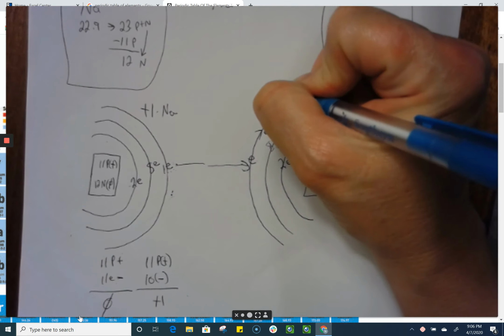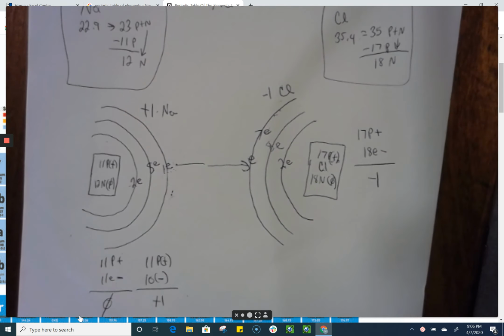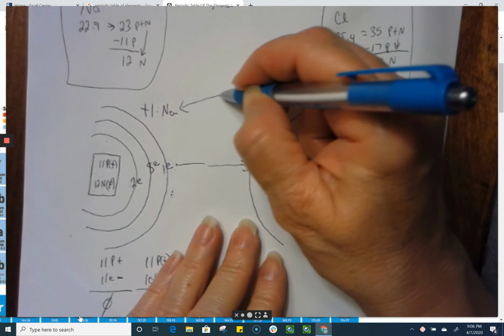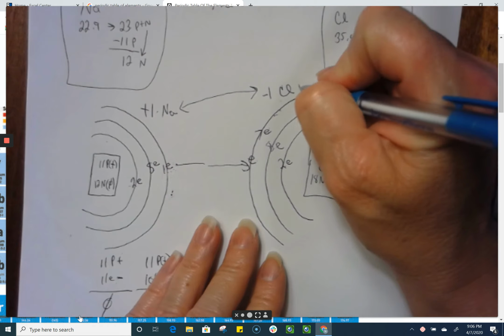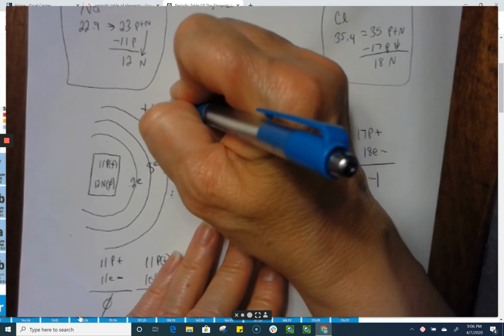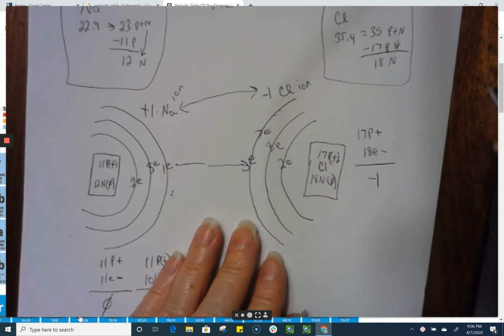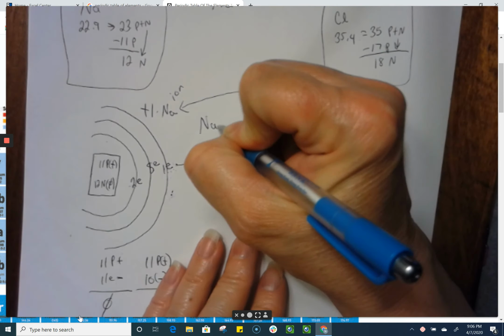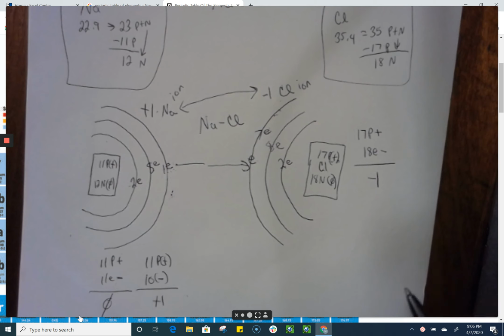So now you have a -1 chlorine ion. And opposite charges attract. So these ions, this chlorine ion and this sodium ion, will be attracted to one another and they will bond. And you will have a sodium chloride compound.